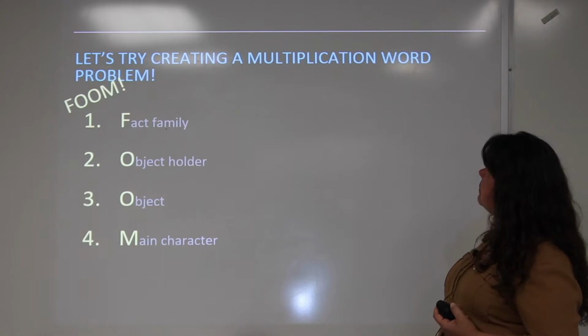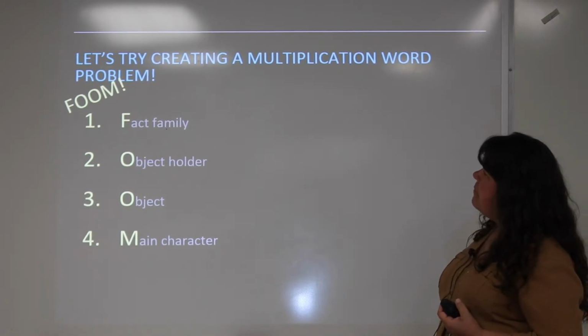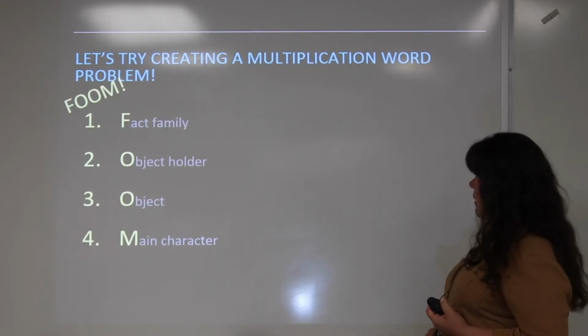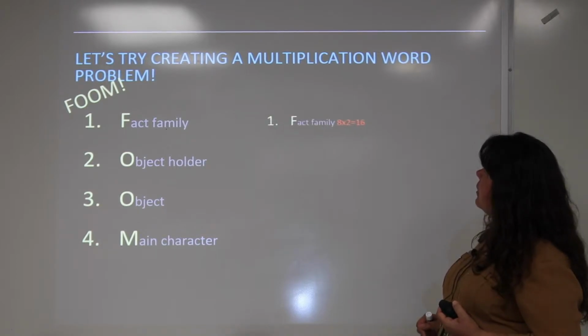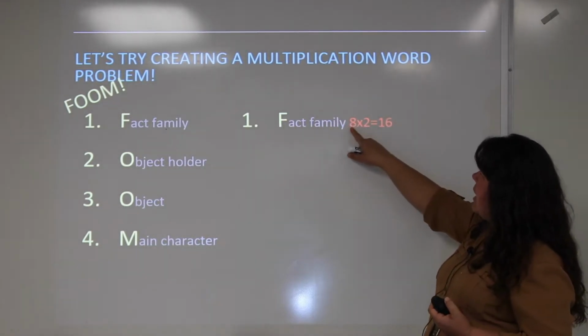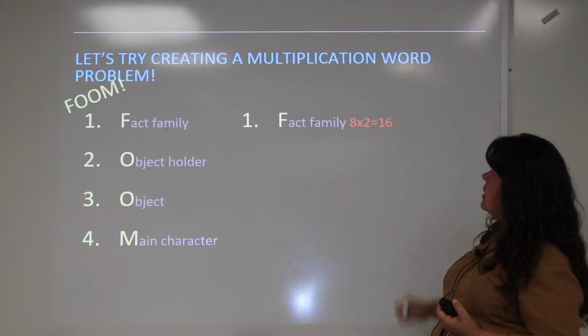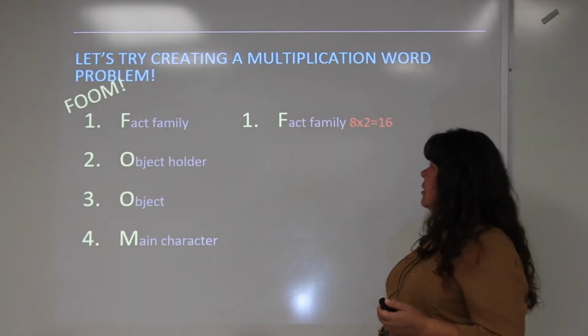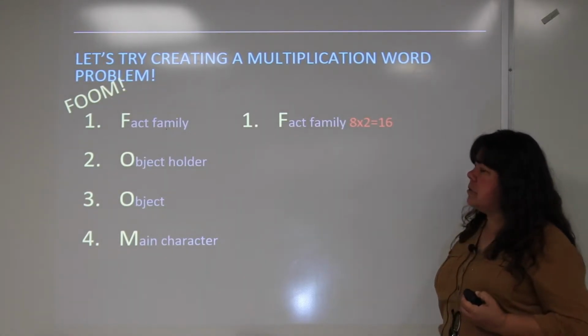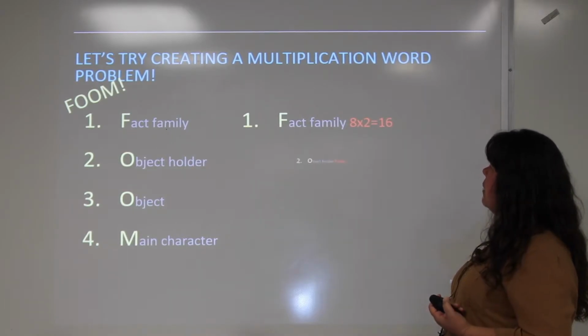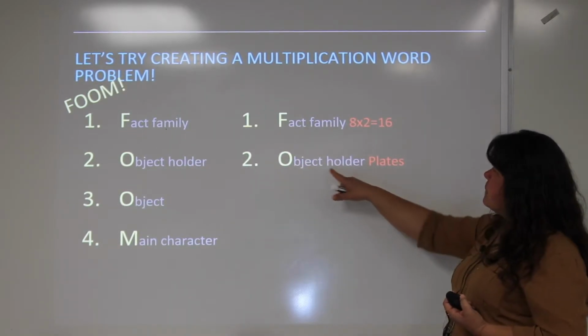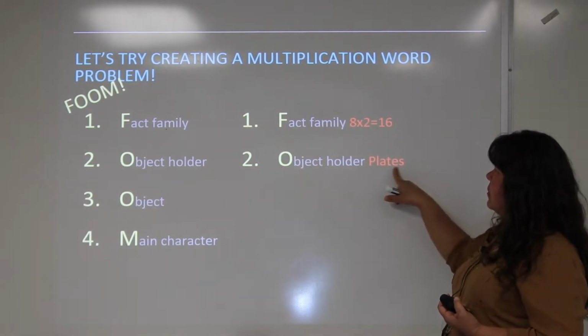So let's try this. I need to come up with my fact family. We are going to use the fact family of 8 times 2 equals 16, because counting by 2s is kind of easier. And then we need an object holder, something to hold some objects. How about plates? So we're going to use our plates.